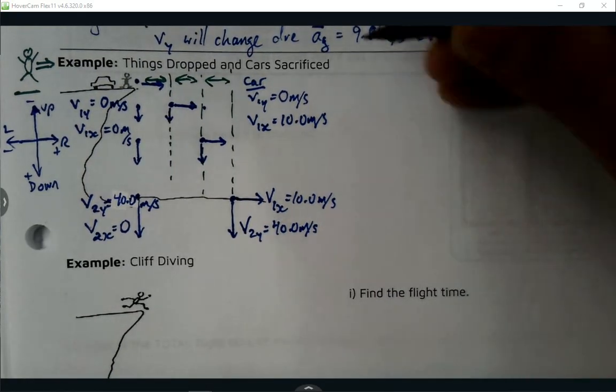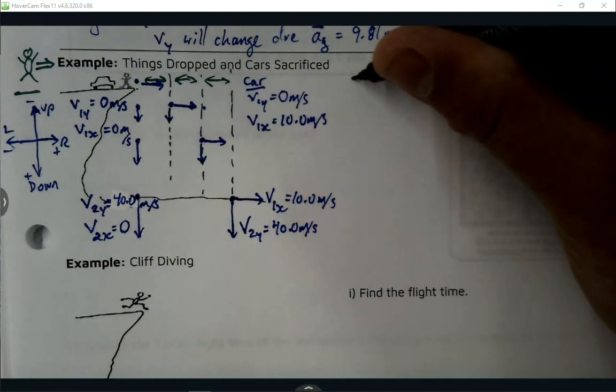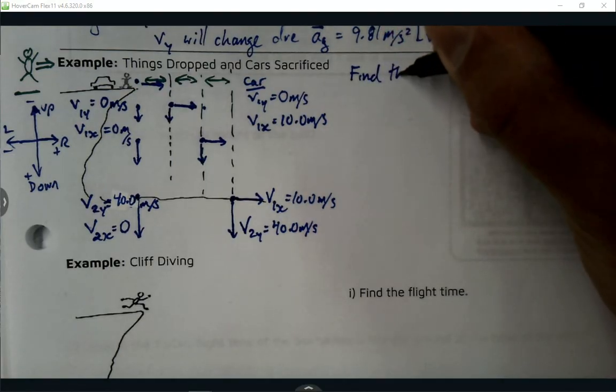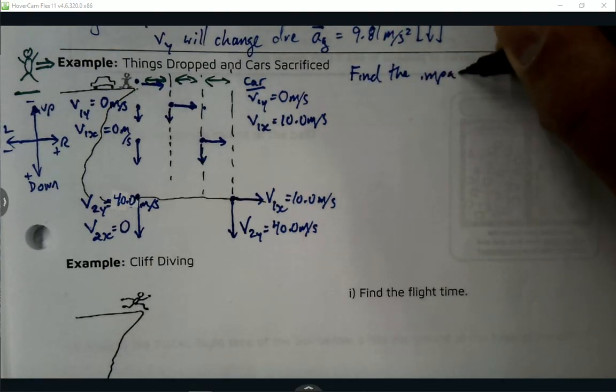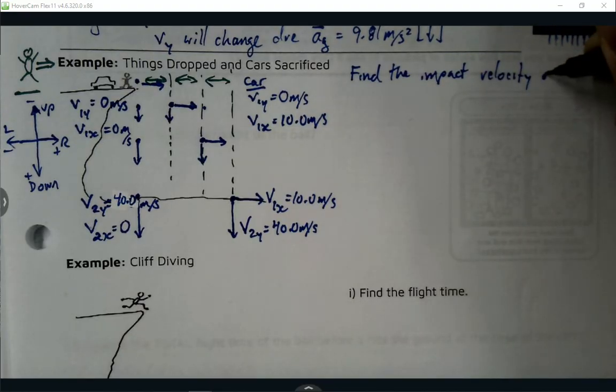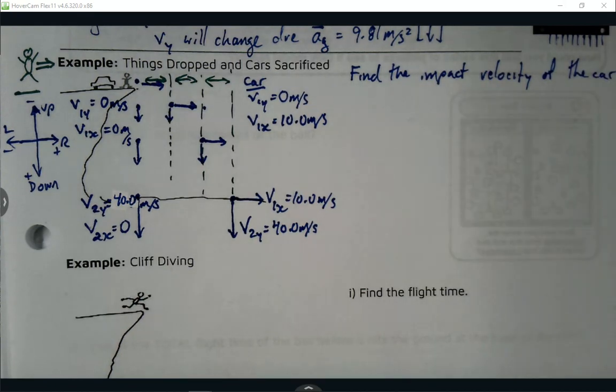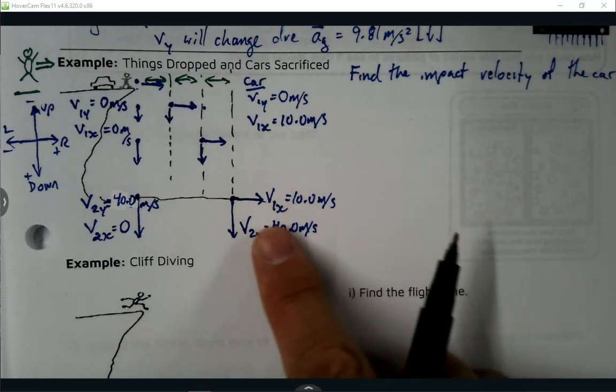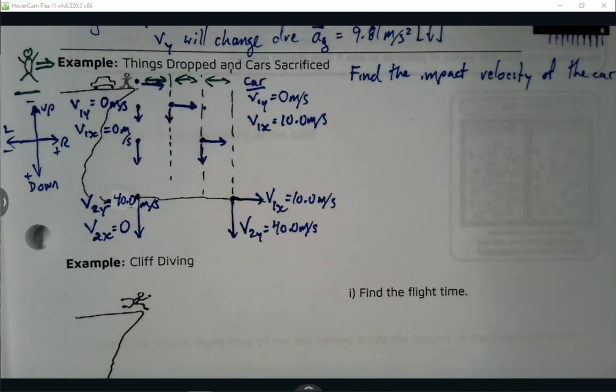People ask questions like, find the impact velocity of the car. Well, the launch velocity of the car was 10 meters per second to the right. But the impact velocity of the car has got to be the sum of those two vectors, right?